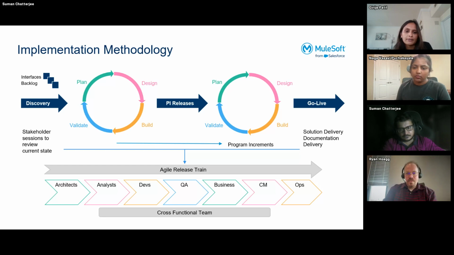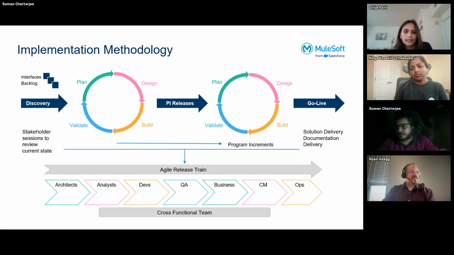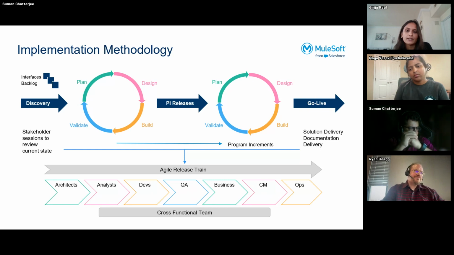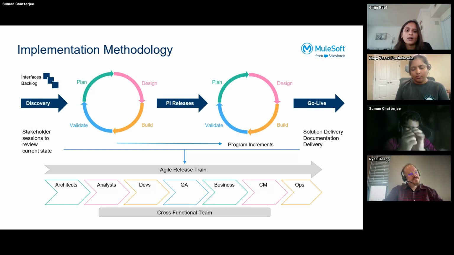Once we identified them, we reviewed them against the current state and built a plan to organize the implementation sequence. It was easy to achieve the first phase, and whatever discovery we made, we put into backlog stories.